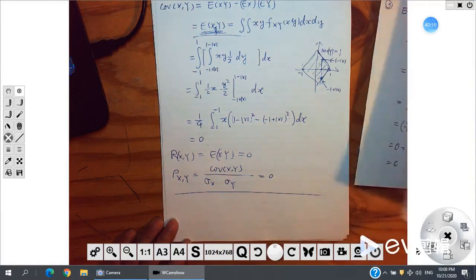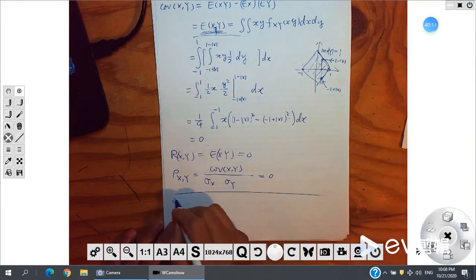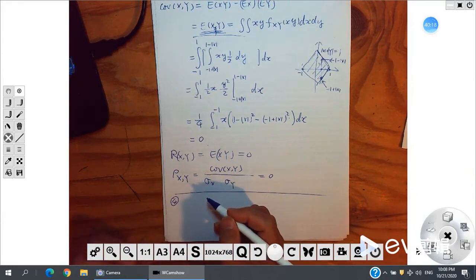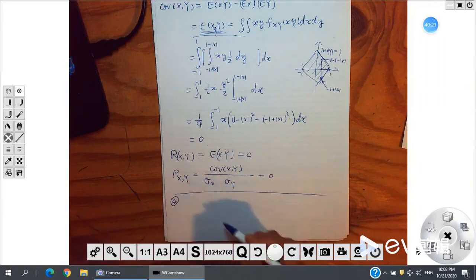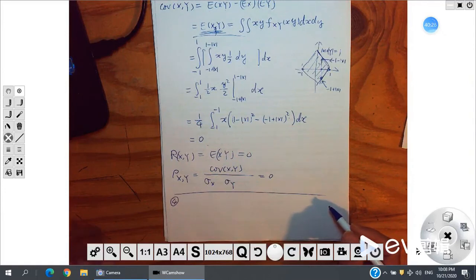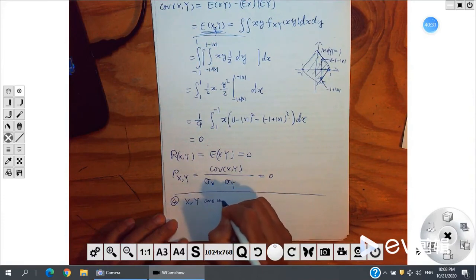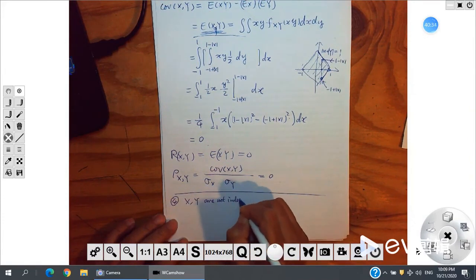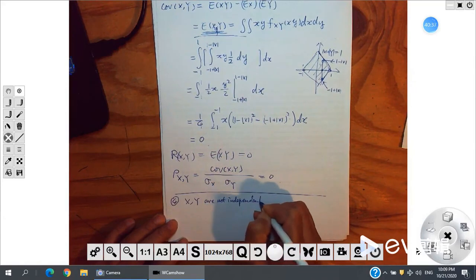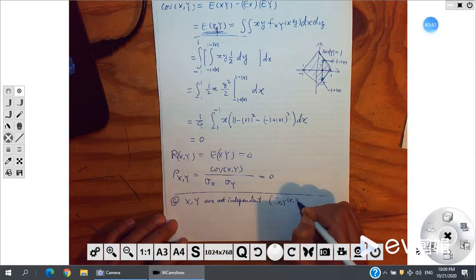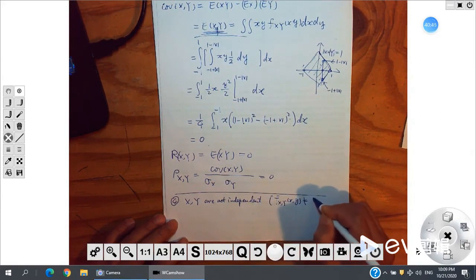In the fourth part we want to ask whether these two random variables x and y are independent, whether they are uncorrelated, or whether they are orthogonal. Now the answer is x and y are not independent, because the joint density function does not equal the multiplication of the marginal density functions.